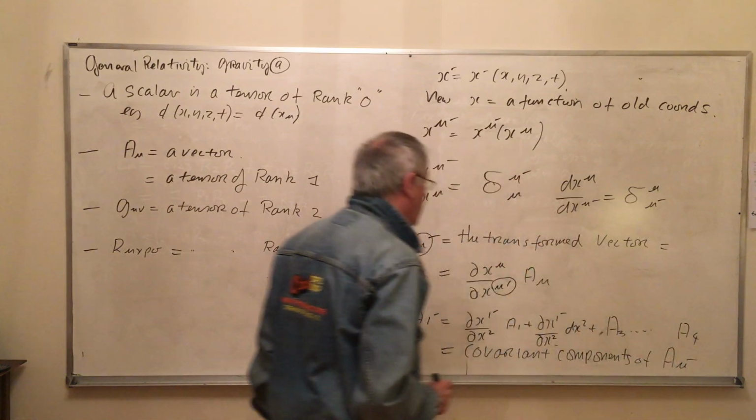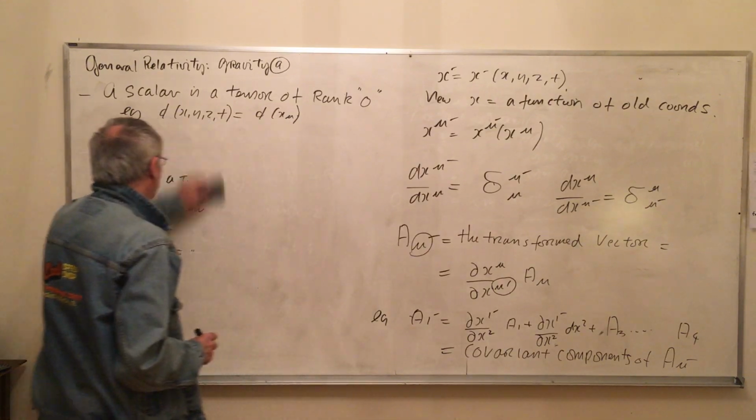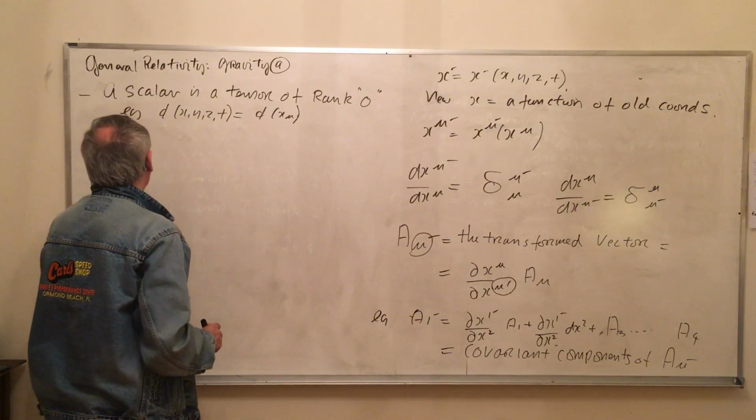These are the covariant components of a mu dash. There's such a thing as a contravariant set of components.